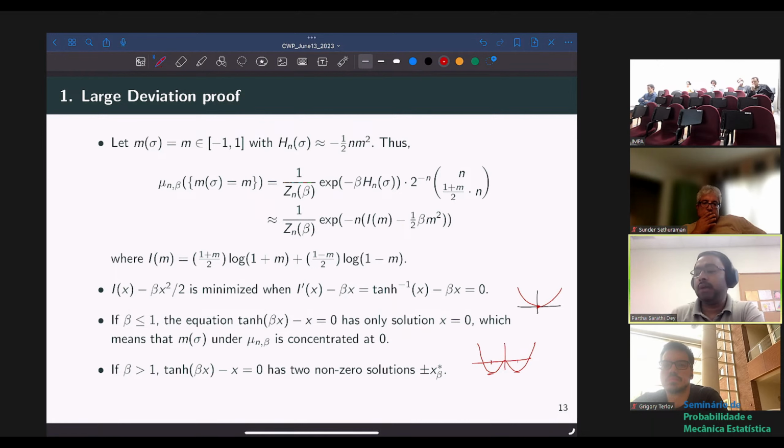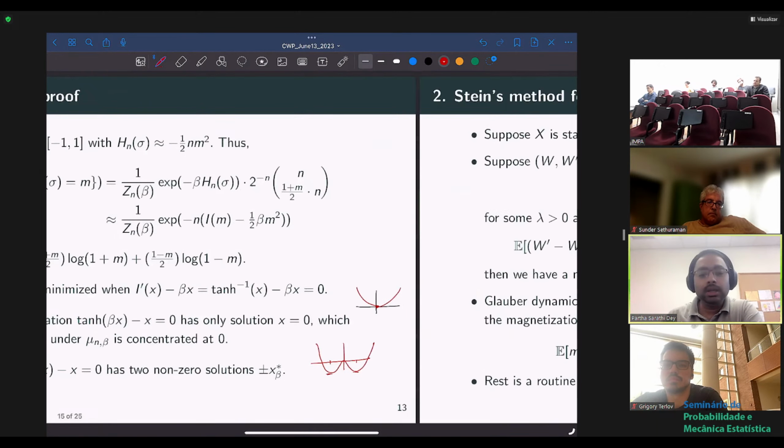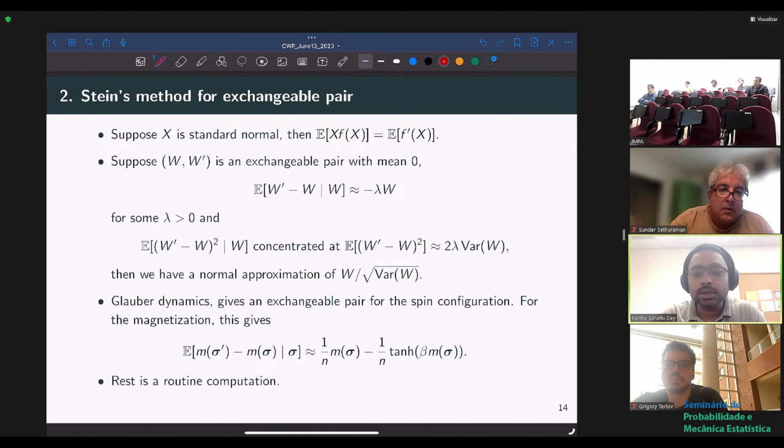This was the idea in the Ellis and Newman paper to solve the model for general rho under the assumption that the expectation of e to the power c times x square is finite.